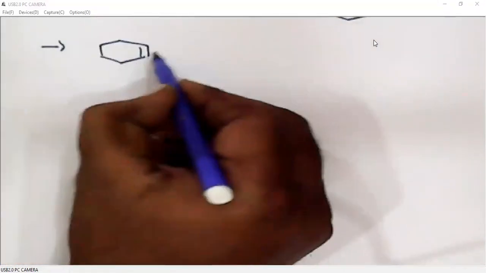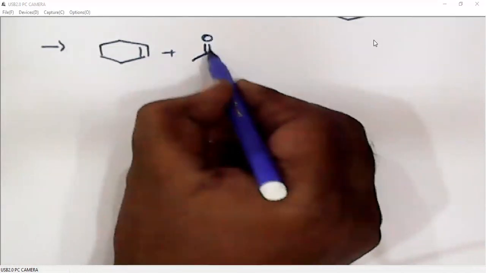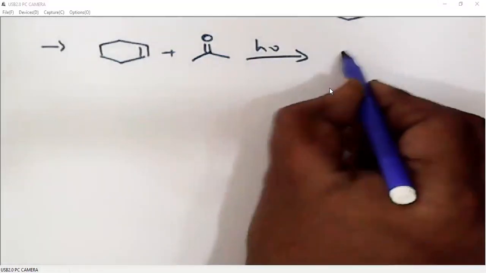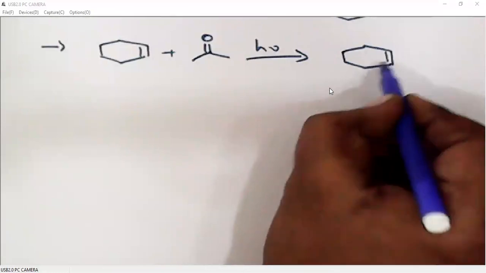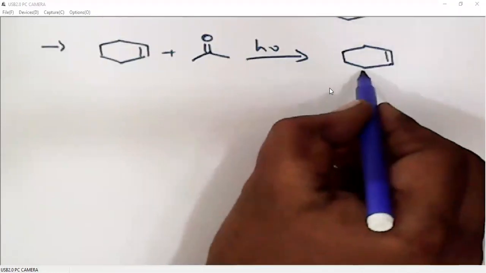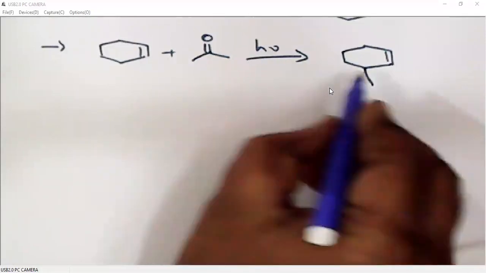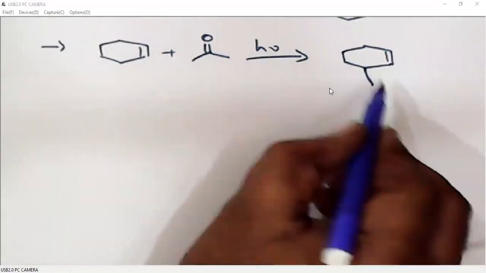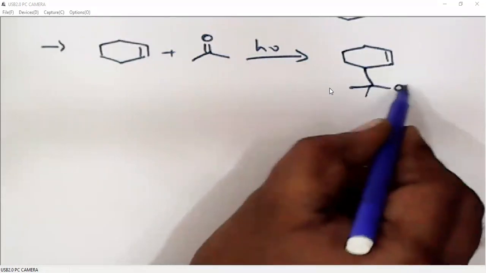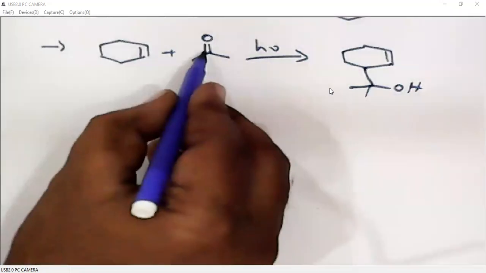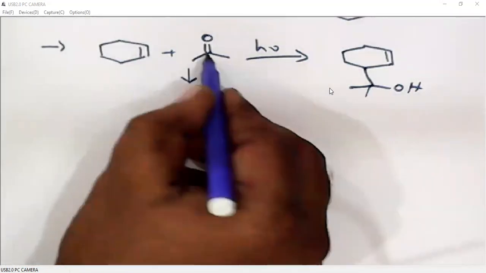In the next example, acetone and cyclohexene are treated under photochemical conditions, and see what is the product here. Here, the allylic proton, if it is removed, it generates allylic radical which is stable. So acetone picks up the proton from allylic carbon, then it undergoes dimerization.